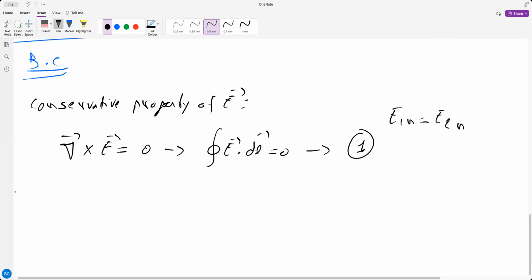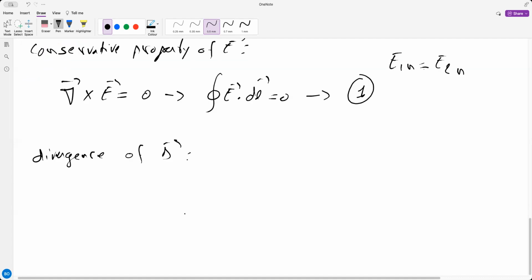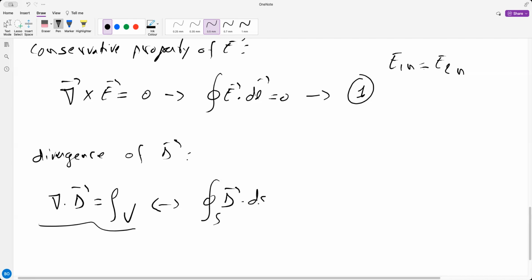And then the second one, using Maxwell's equation, Gauss law, the divergence property of D, which gives us the fact that the normal component of D must change, takes into account the change of the surface charge density when we go from medium 1 to medium 2. So if you remember, this is Gauss law. And we can use the divergence theorem.